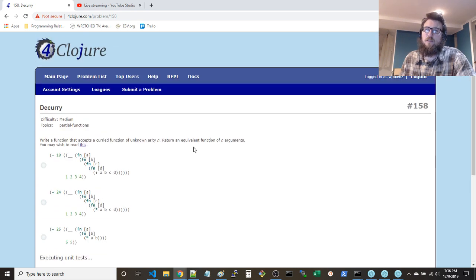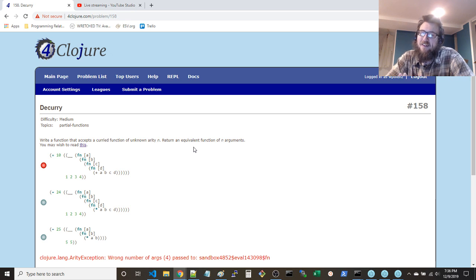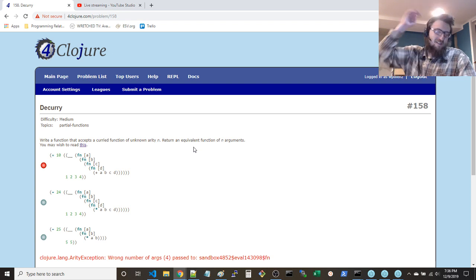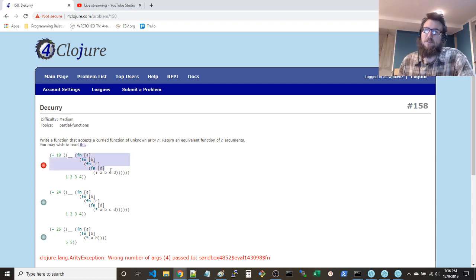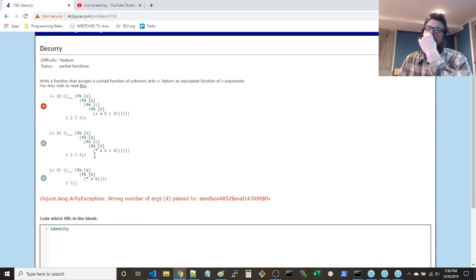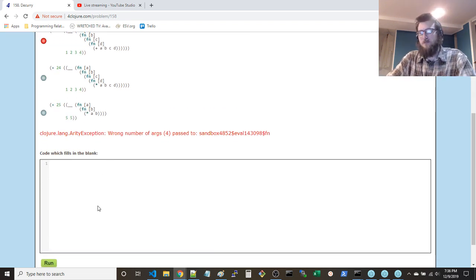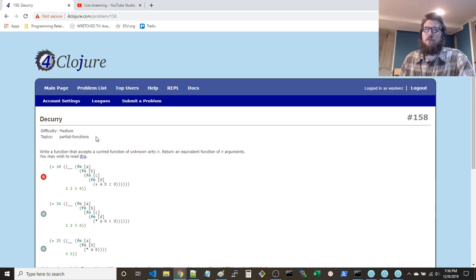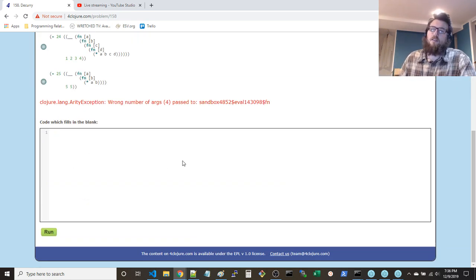This is not what they want, I think. Okay. Just curious. Identity takes something and returns it right back. So you could get this function and return it right back. So this is a curried function. You want to decurry it. Okay, I mean, I guess you do something like this. Partial functions. I think I know what to do here.